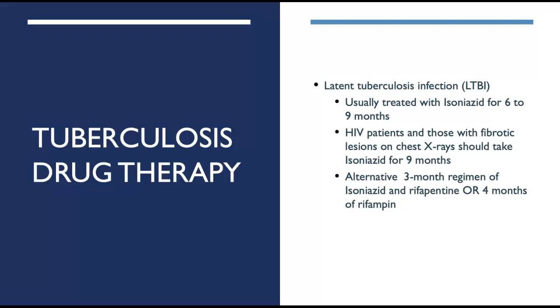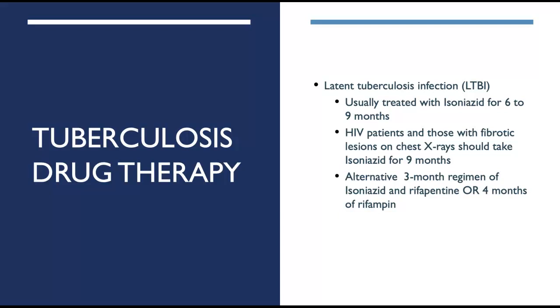Now, patients with latent tuberculosis infection again need to take medications to prevent them from going into active TB later on. They are often treated with isoniazid for 6 to 9 months. HIV patients and those with fibrotic lesions on chest x-ray should take the isoniazid for 9 months.